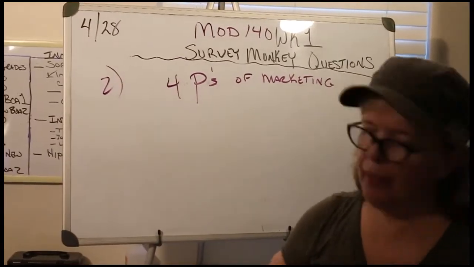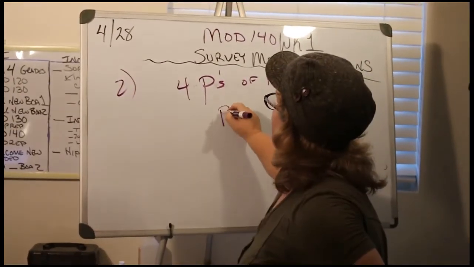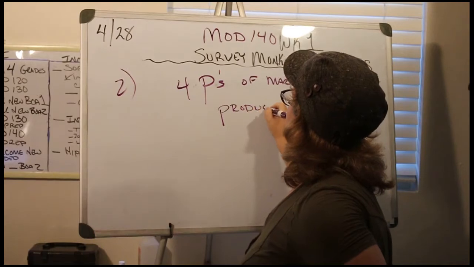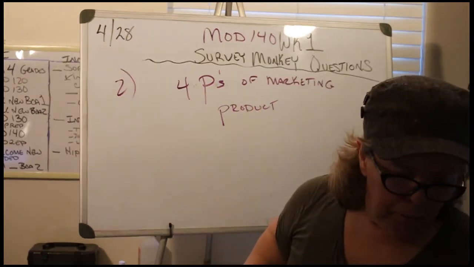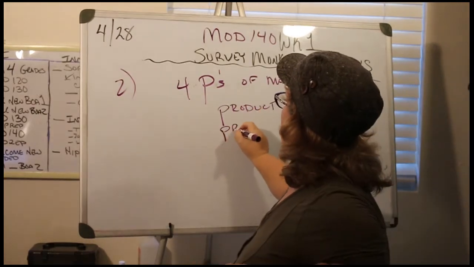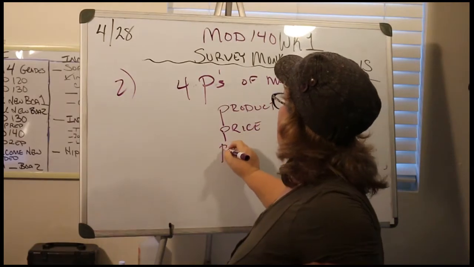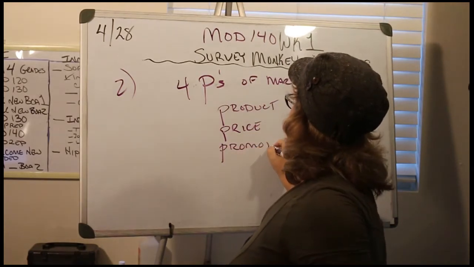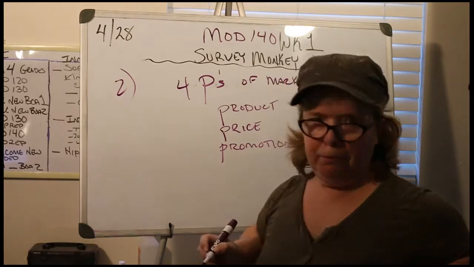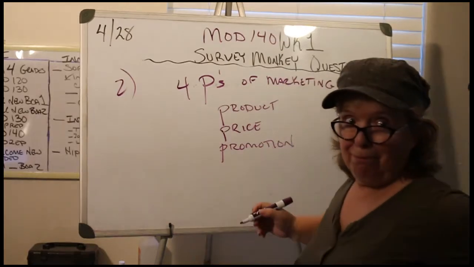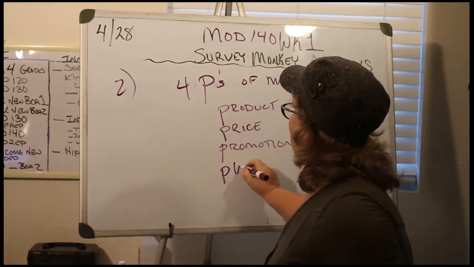One of them is product, price, promotion, and the last one is place.